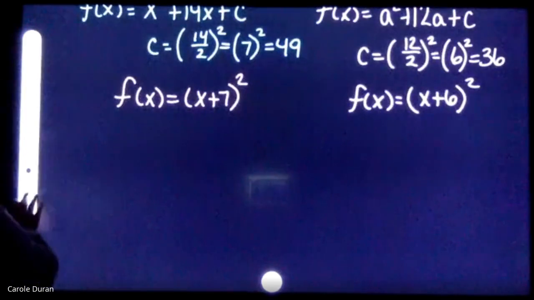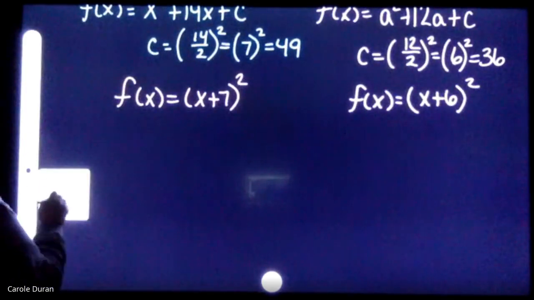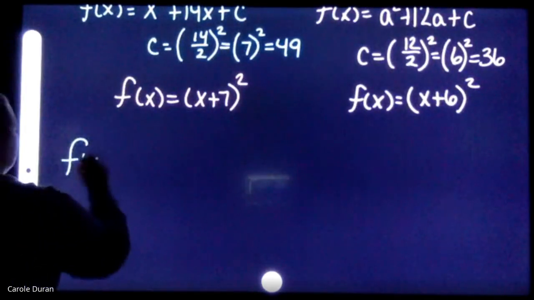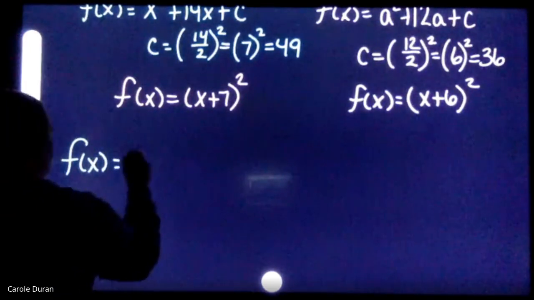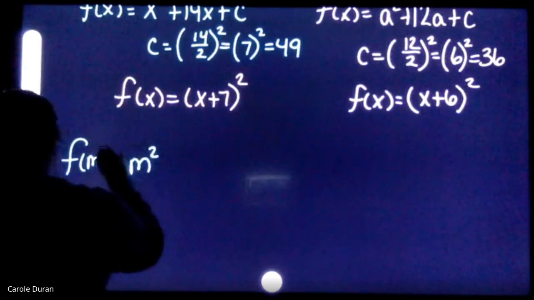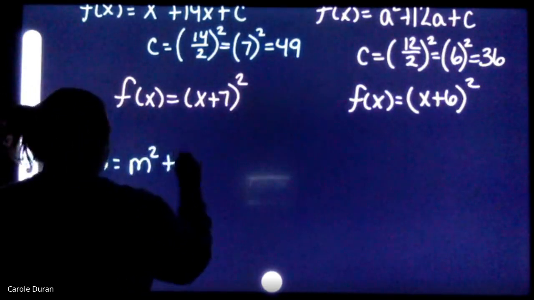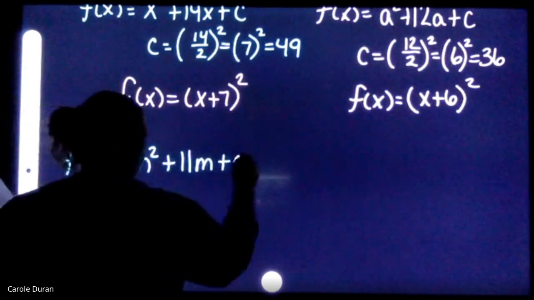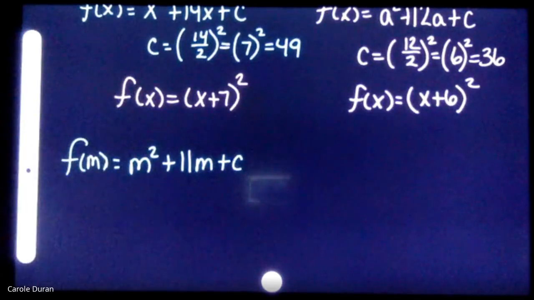We have one more example. This time, I have m squared plus 11m plus c. My goal, remember, is to find the c that makes this a perfect square trinomial.